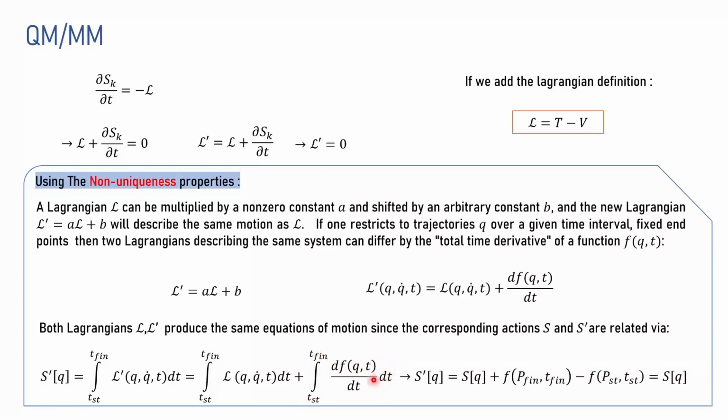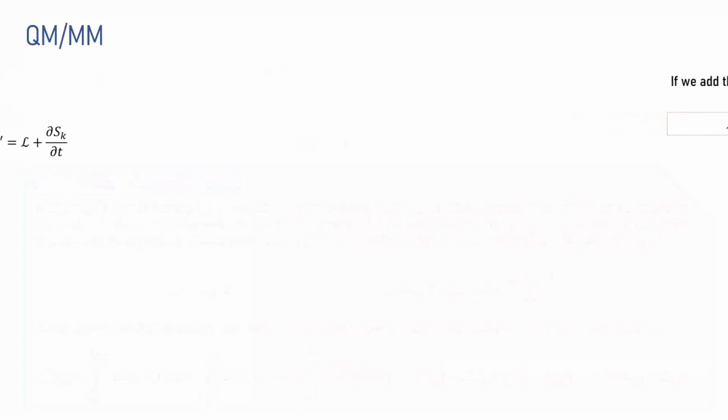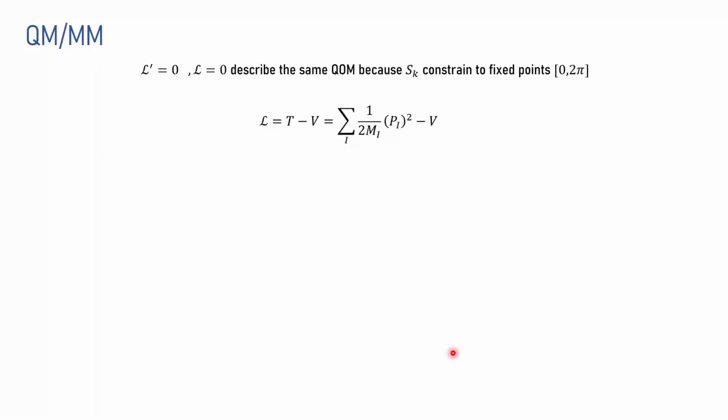We can cancel this dt with this dt, and the integral of df will give us f at the final point minus f at the first point, which we see here. So if the two points are equivalent to each other, the first equivalent to the last, we can safely remove this term, and we will have S prime of q equal to S of q. And let's test if our equation can do that.